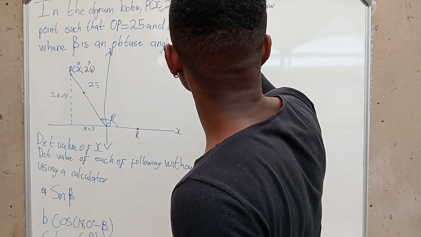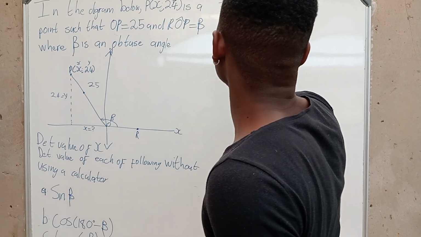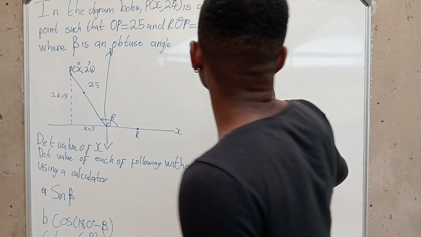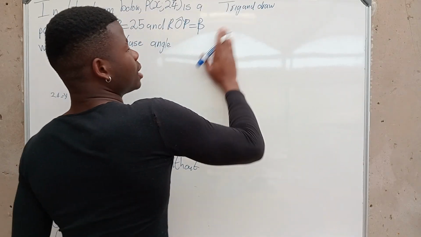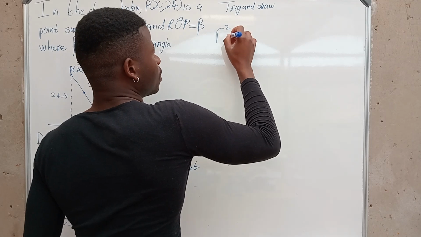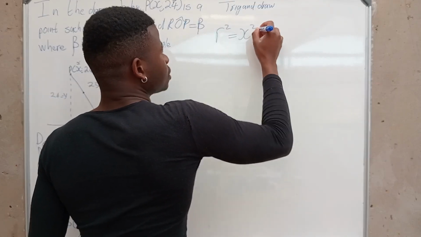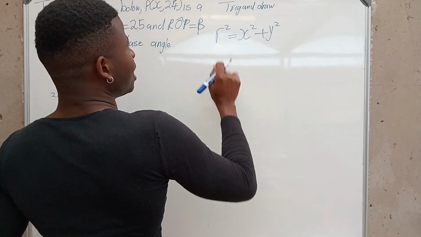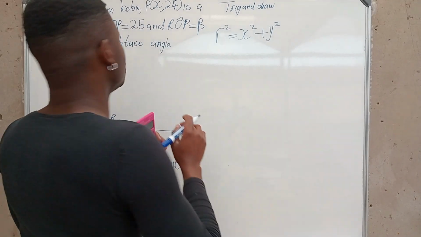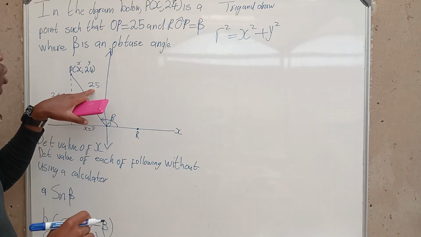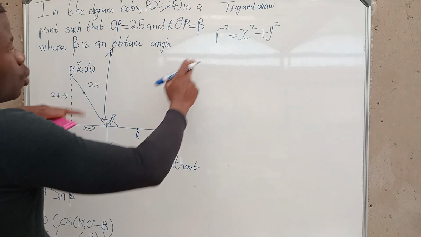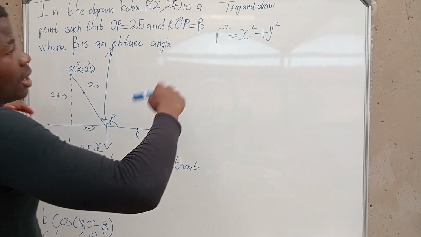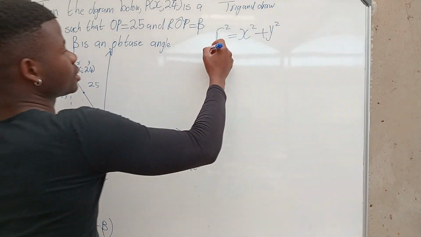Then I'll say R squared is equal to x squared plus y squared. You get it, okay? R squared is equal to x squared plus y squared. Then what I'm going to do is substitute my hypotenuse, which is R, and my y, and I'm looking for x.